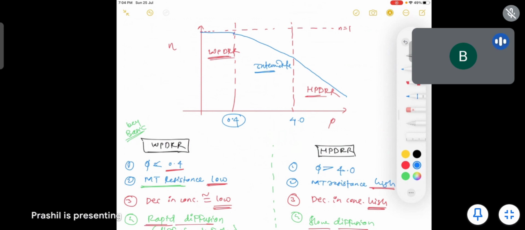Then we are going to look at how the temperature profile, it is similar to your Arrhenius equation, but there is a single factor change, that is, everything will be divided by 2. I'll explain in tomorrow's class, but that is very important when I'm telling you Thiele modulus. So that will be variation of Thiele modulus with respect to time. So that we will cover in tomorrow's class.